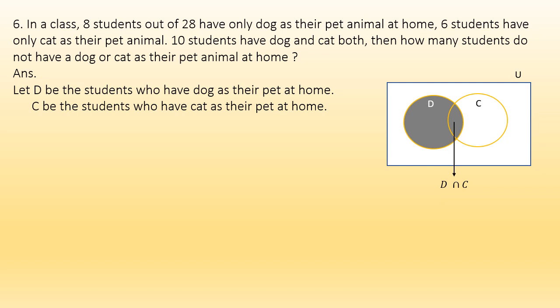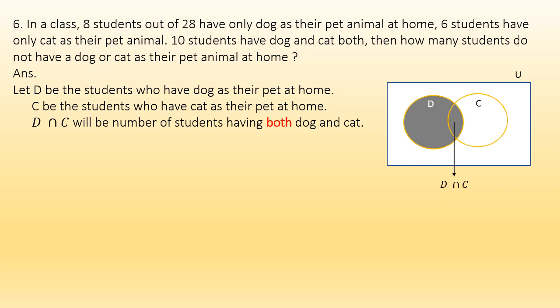So this set may also contain the students who have cat also. So when we find n of D, we will have to add the number of students who have only dog and the intersection part, that is D intersection C, that is 10.